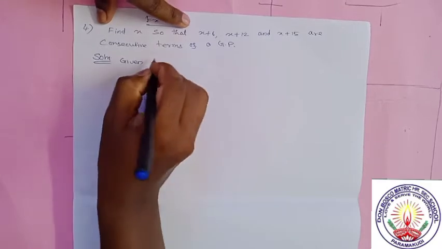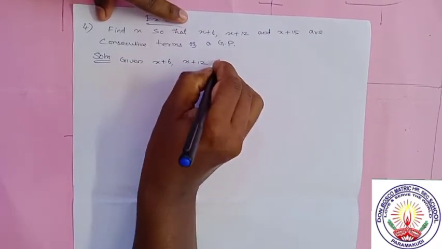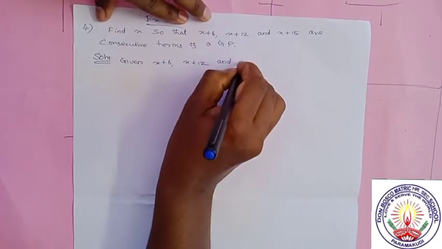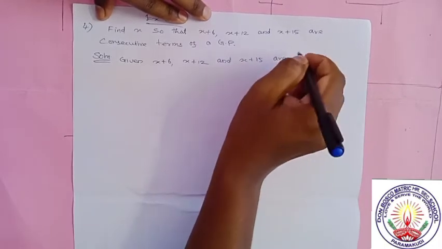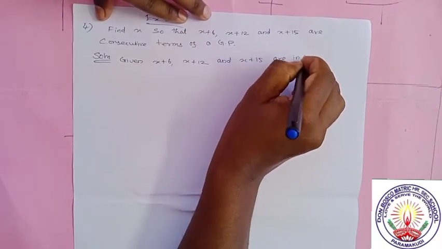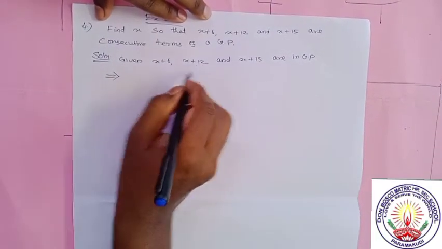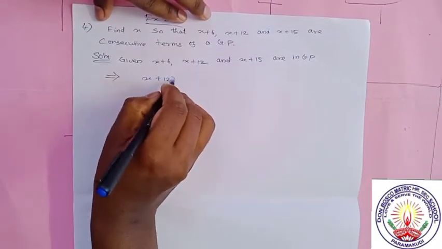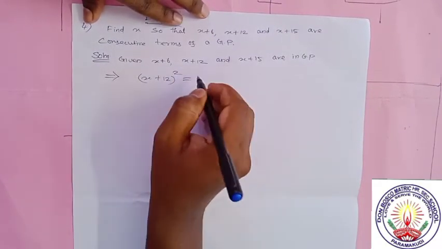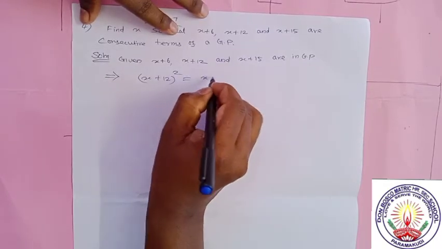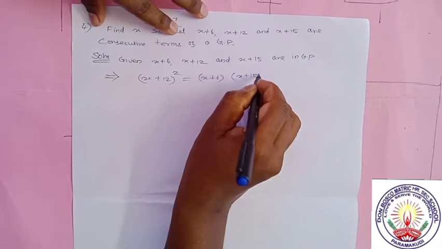Given x plus 6, x plus 12 and x plus 15 are three consecutive terms in a GP. This implies the square of the second term, x plus 12 whole square, is equal to first term into third term: first term x plus 6, third term x plus 15.